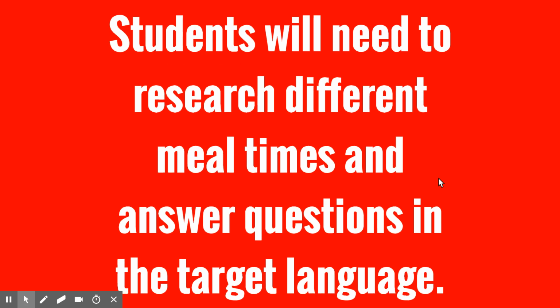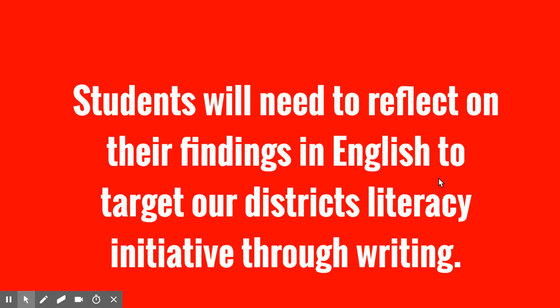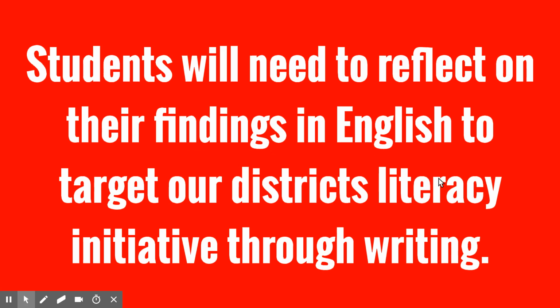And so the first thing that students will need to do is research different meal times and answer the questions in the target language. They will have a set of questions that they will need to answer. The next thing we'll do is have the students reflect on their findings in English, in order to help our district's literacy initiative.